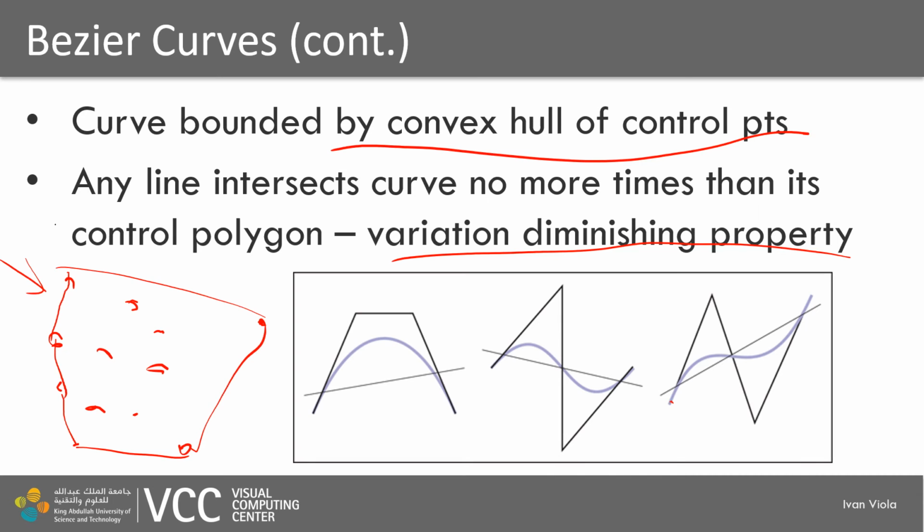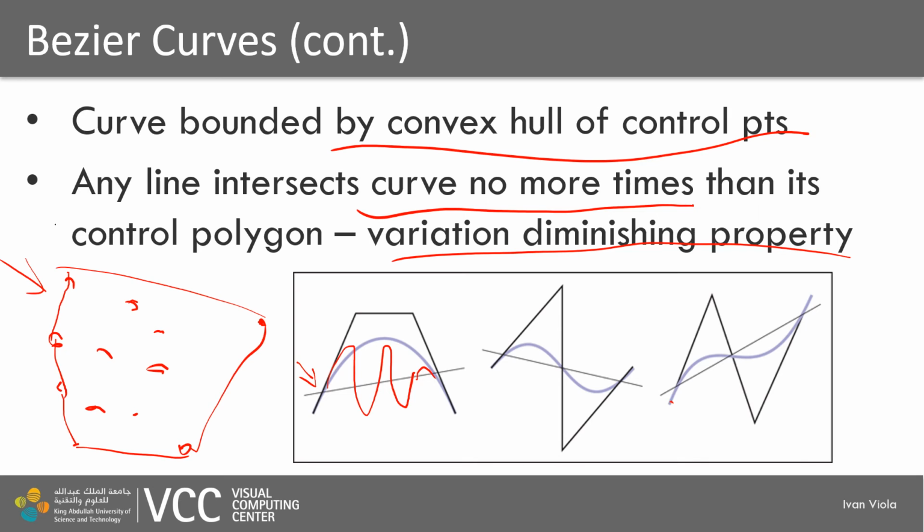If we draw any line in any direction which intersects our control polygon, the curve is intersected at most the same amount of times as the control polygon, which means that our curve is not having some weird behavior in between or inside the control polygon.